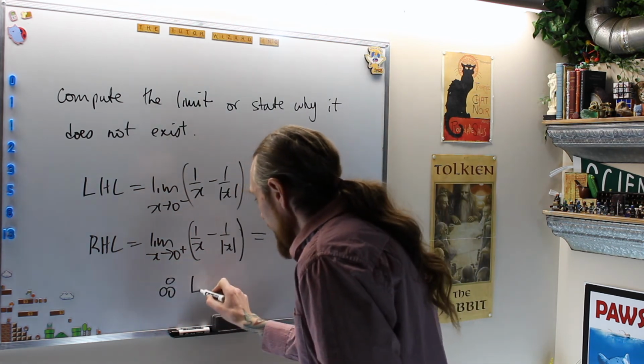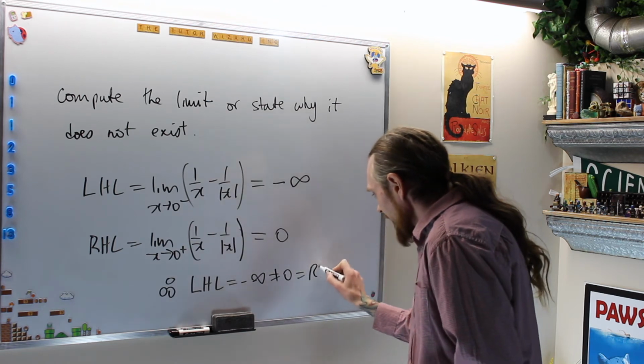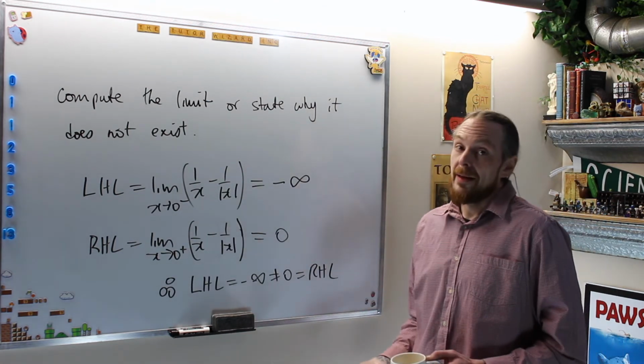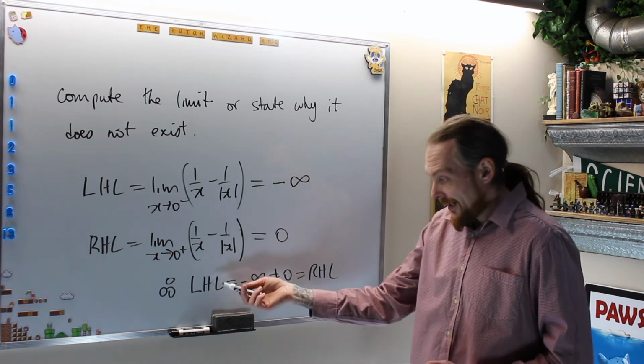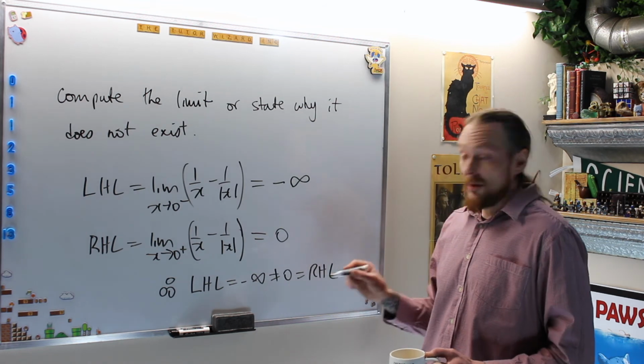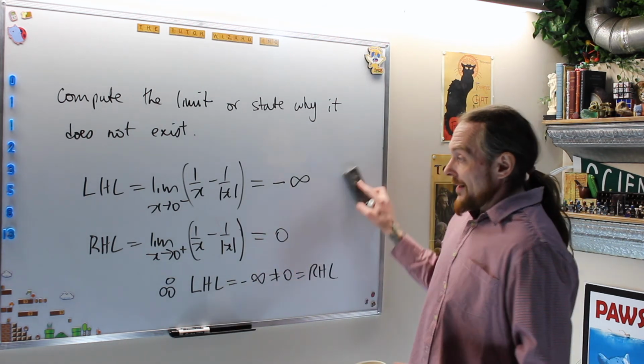Therefore, the left-hand limit equals negative infinity, which does not equal 0, which is the right-hand limit. We have a theorem that says the left-hand limit is equal to the right-hand limit if and only if the limit exists. So the left-hand limit did not equal the right-hand limit. Therefore, this limit does not exist.